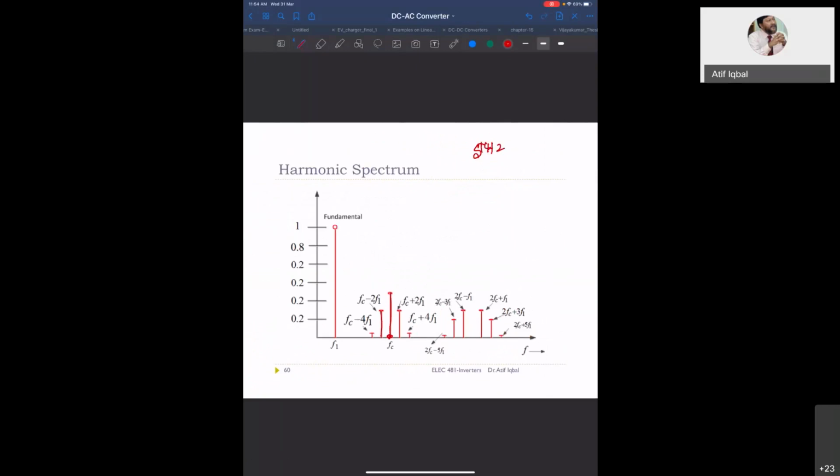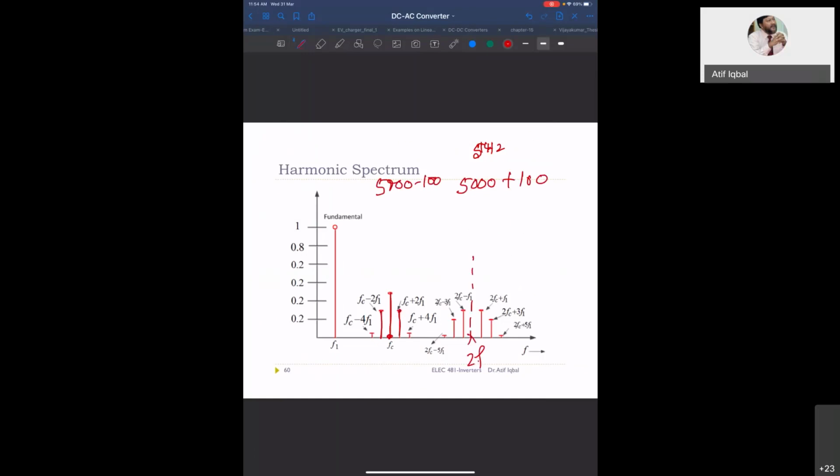So it will appear at 5 kilohertz, then 5 kilohertz minus 2f1 and plus 2f1. What is f1? Say 50 hertz. So it will be 5 kilohertz plus 100 and 5 kilohertz minus 100. These are the two, and so on.